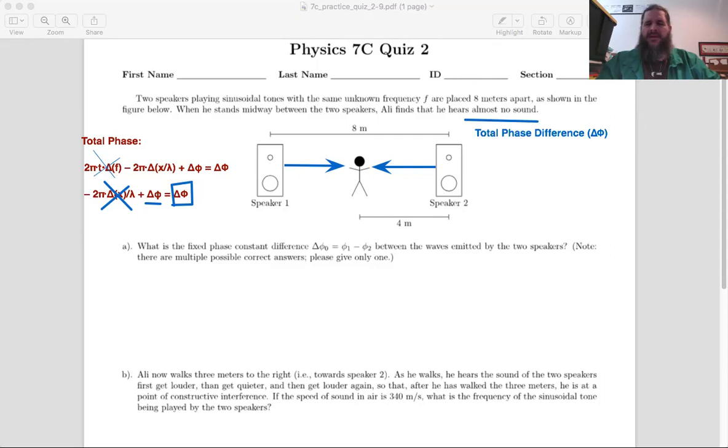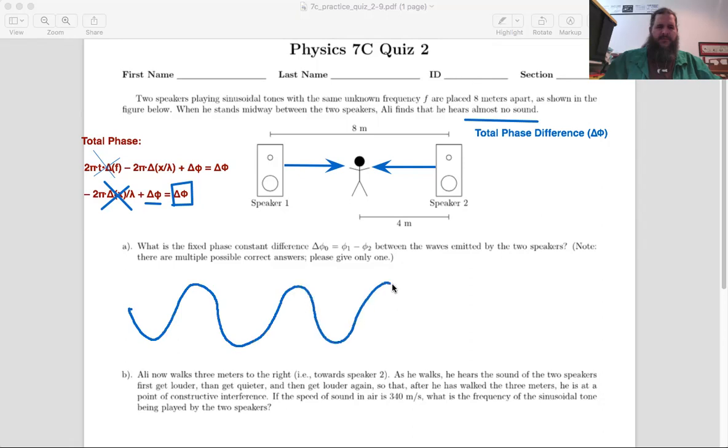If you want waves to be destructive, how offset would you expect them to be? For example, let's say you've got this wave, and let's say you've got another wave that's absolutely identical.